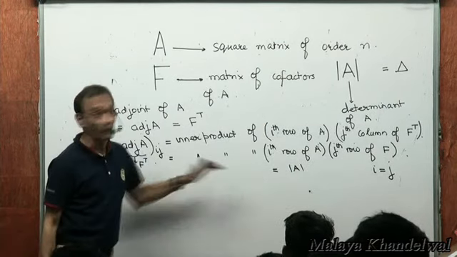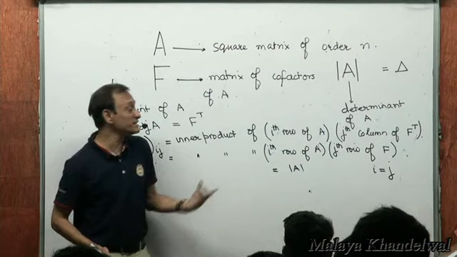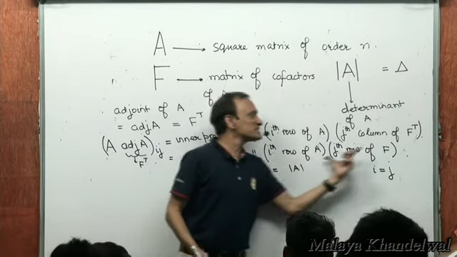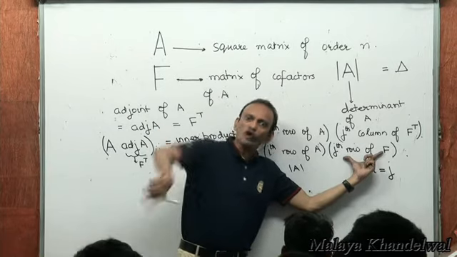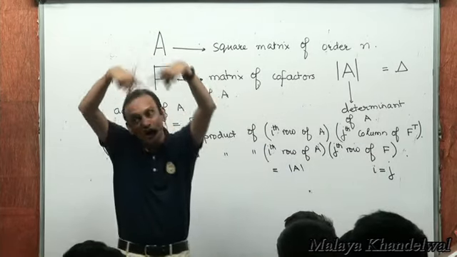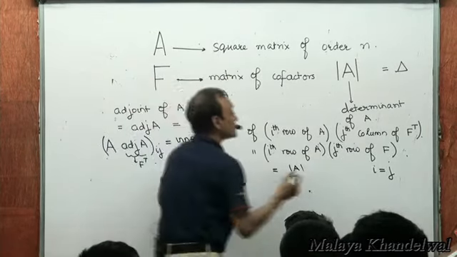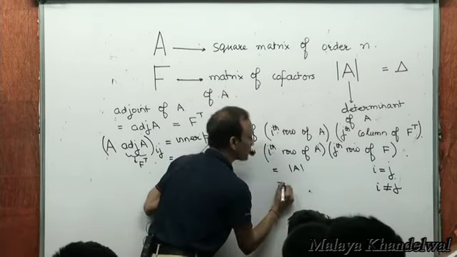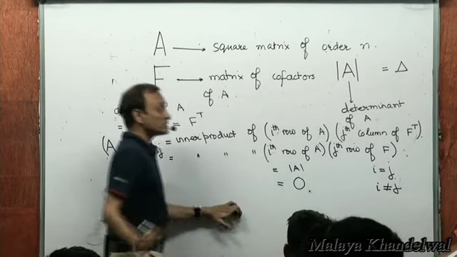But if I is not J, that means I take some row of A but some other row of its cofactors, then the inner product is 0, shunya. Yes or no?